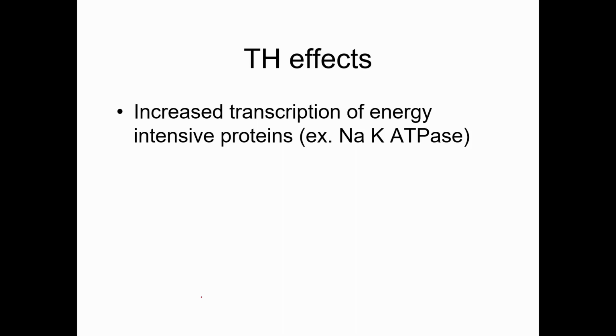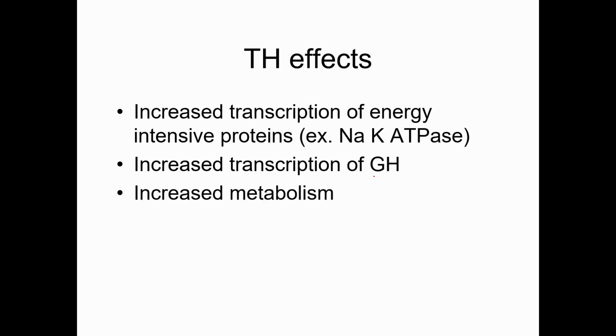We're also going to upregulate glycolytic proteins, Krebs cycle proteins. So you're making more ATP and you're burning up more ATP. That increases your metabolism. You also make more growth hormone. Growth hormone promotes protein synthesis and growth, which increases your metabolism.